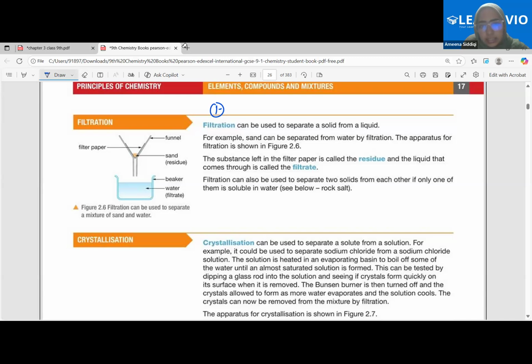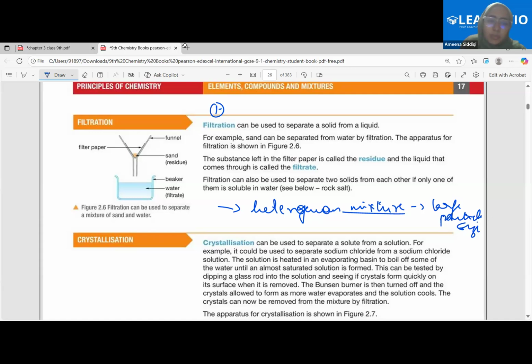Filtration. See, the condition is when we have a heterogeneous mixture with a large particle size. In the last class, I discussed what we mean by stable and unstable mixtures. What do we mean by unstable mixtures? I don't remember, miss. Unstable mixtures, let's just imagine the case of sand and water.